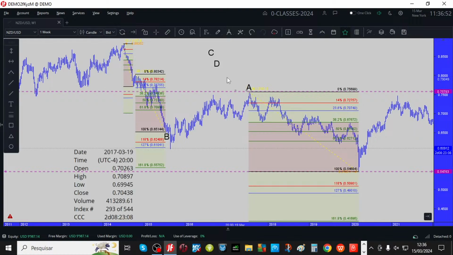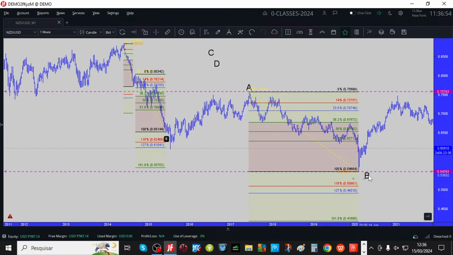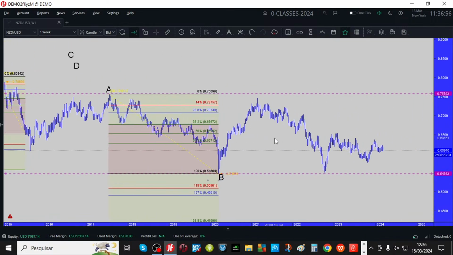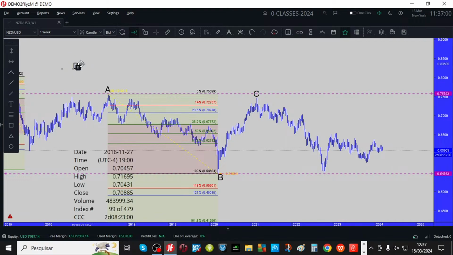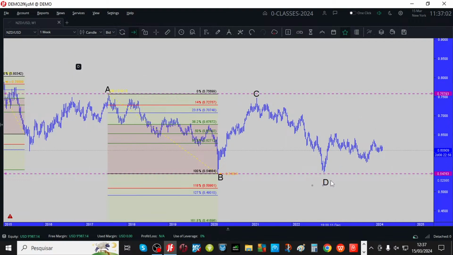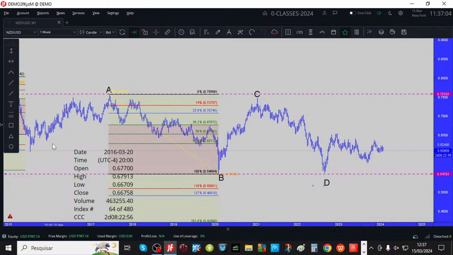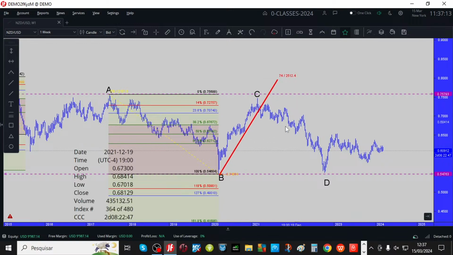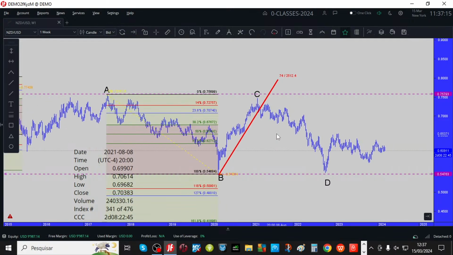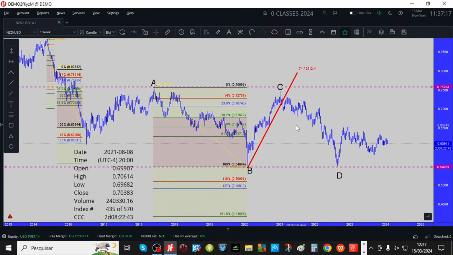This is our most recent Fibonacci, ABCD. And we are here, ABC, D, right? Everybody, would you or wouldn't you make tons of money if you would short this C on NZD USD weekly chart?